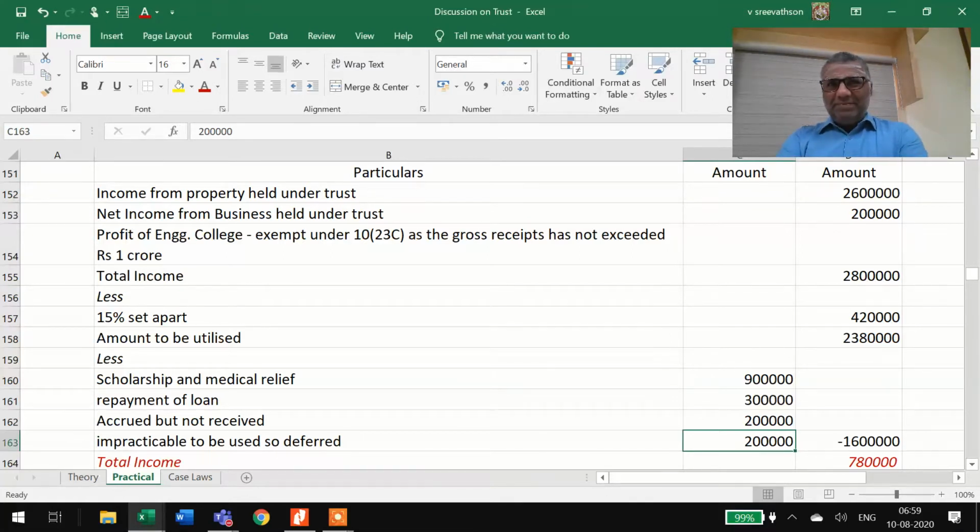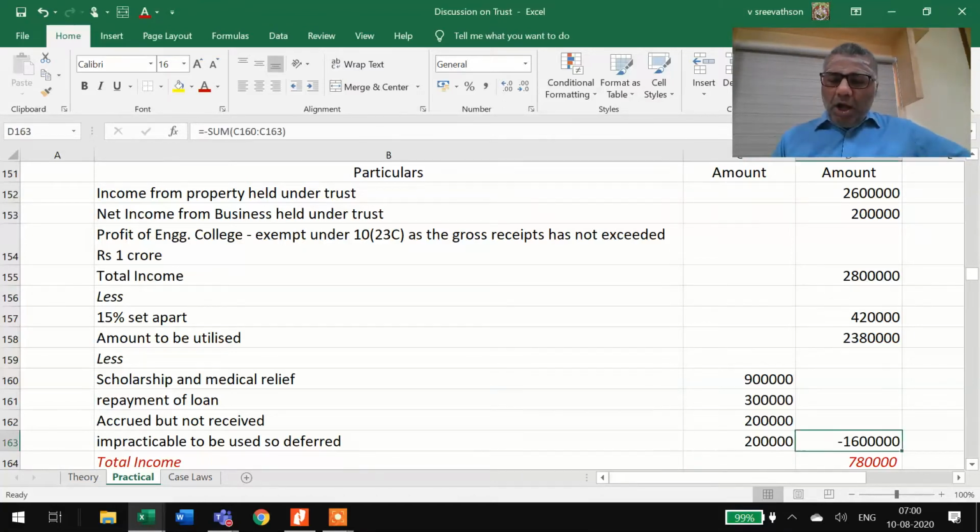Technically, they could have reduced it from income, but we interpret the law and reduce it here. I agree with you that if you go by cash basis of accounting, the entire 2 lakh should have gone to the next year and not just this year. But we are taking the advantage.